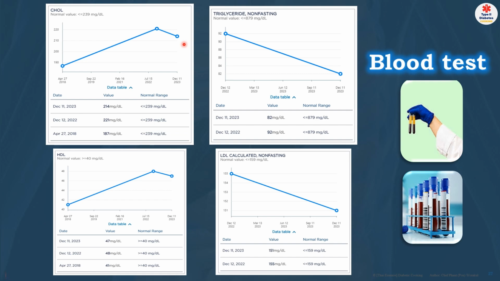I should have more, but the triglycerides are coming down, the HDL is coming down, the LDL calculated is down. So all of these values, you start to see it's good, just because you changed your food, you added intermittent fasting, you eliminated the pill, so everything starts slowly going back to normal.